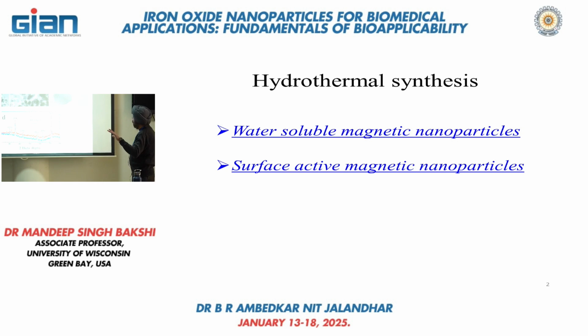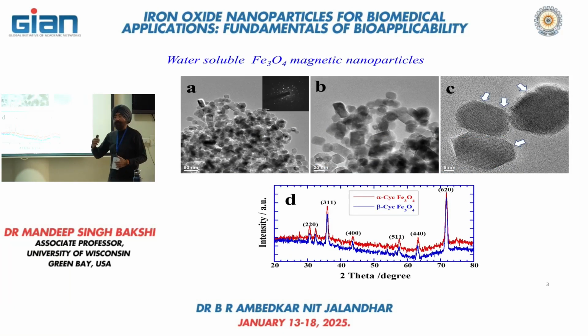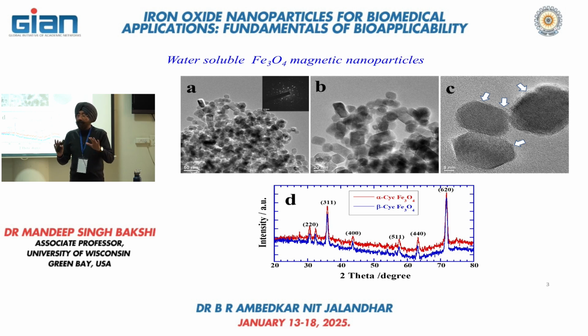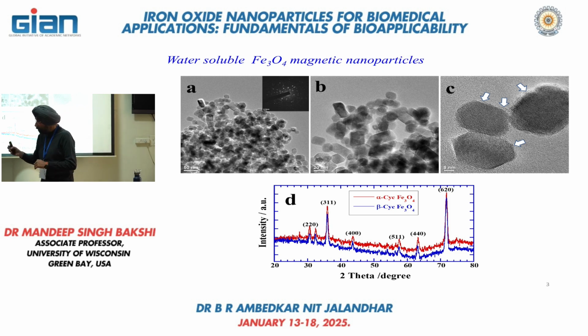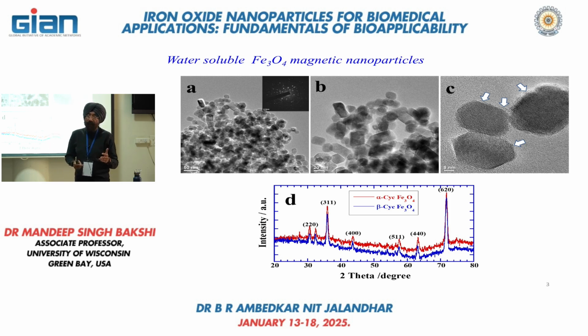Predominantly, though I have shown you several images of the magnetic nanoparticles, this kind of synthesis, where in the lab experiment Dr. Rajiv specifically mentioned the concentration ratio of ferrous sulfate, ferric sulfate, and ammonium hydroxide along with the stabilizing agent.